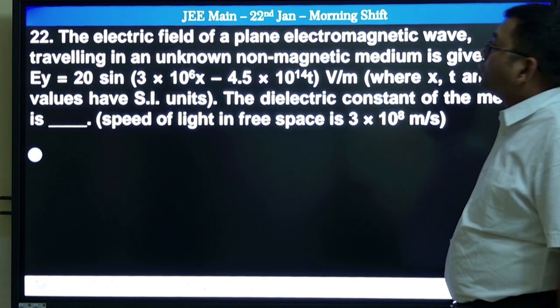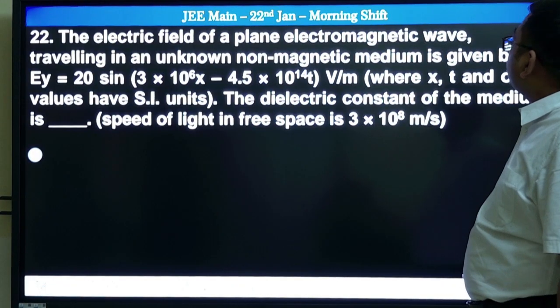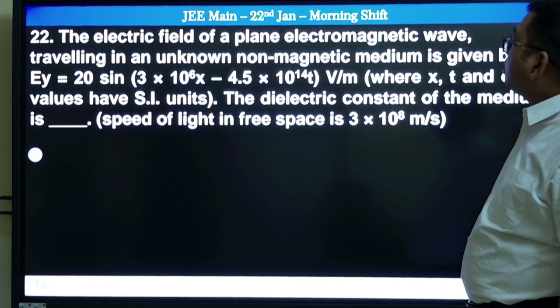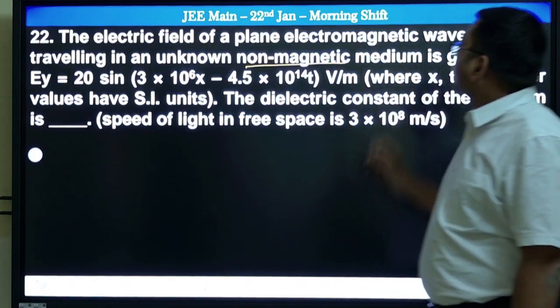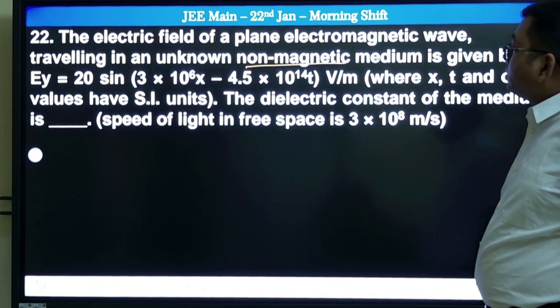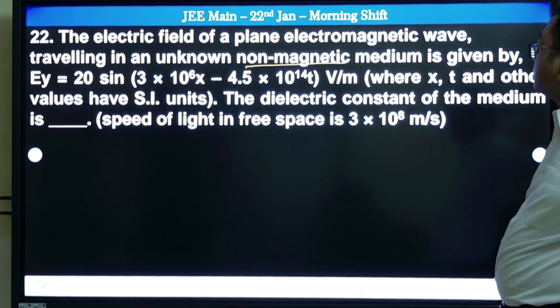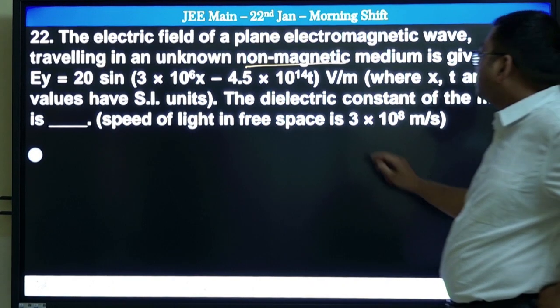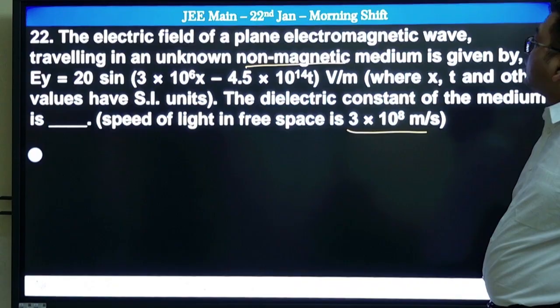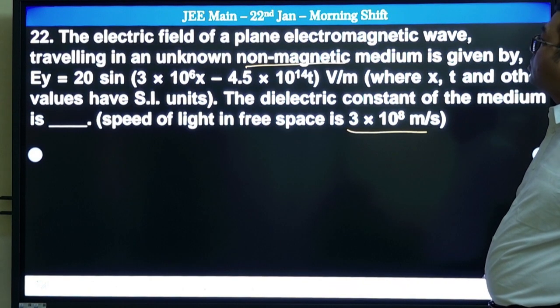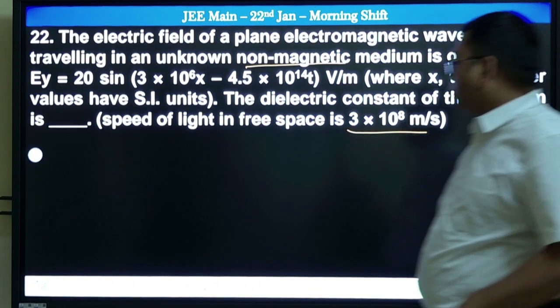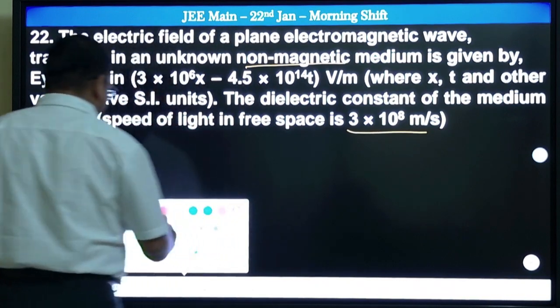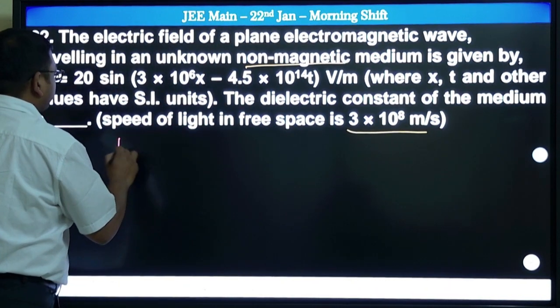Question number 22. The electric field of a plane electromagnetic wave traveling in an unknown non-magnetic medium is given. The dielectric constant of the medium is asked, and the speed of light in free space is given.